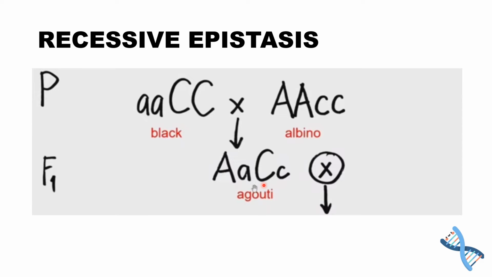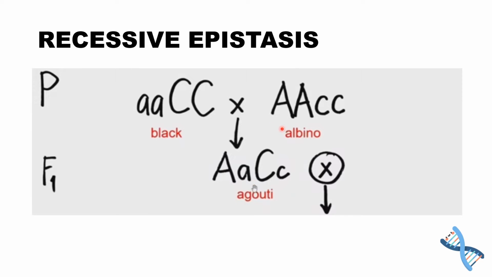Why? First, as I said, the homozygous recessive is no longer present. And second, because they are heterozygous, what will dictate now is the dominant, which is the dominant A and the dominant C. Our A pertains to the color agouti, and our C pertains to color expression.